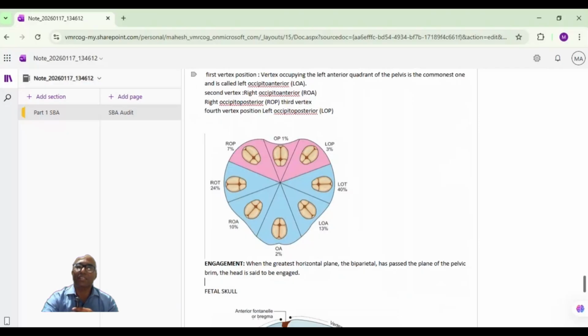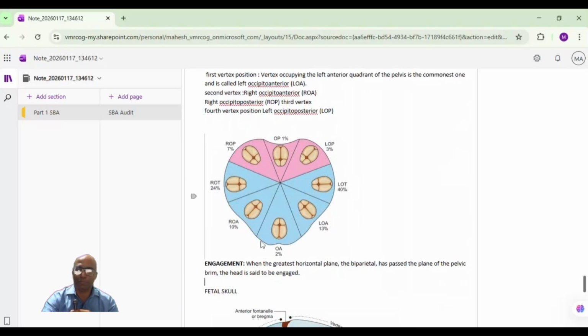That is the commonest one, left occipito anterior, followed by right occipito anterior. They may ask you what is the commonest: that is left occipito anterior. Second commonest will be right occipito anterior. So anterior is more common than posterior. That is how you remember. In anterior also, left will be common, followed by right anterior. Then comes the right posterior, and then the left posterior. Because on the left side there is the sigmoid colon, left posterior will be the least common.